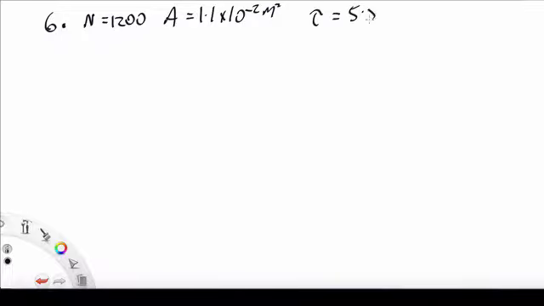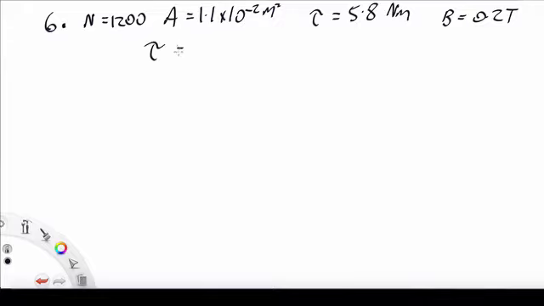Now number 6, we have a number of turns, 1200. We have an area of our coil of 1.1 by 10 to the minus 2 square meters. The torque is 5.8 Newton meters. B is 0.2 Tesla.